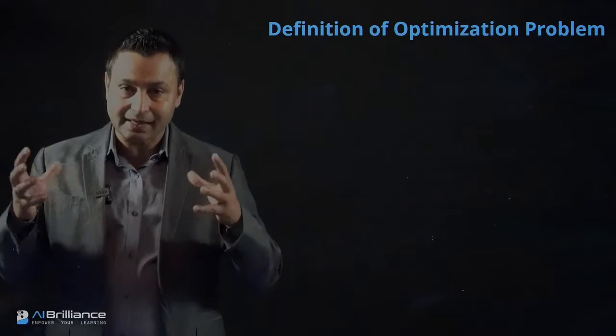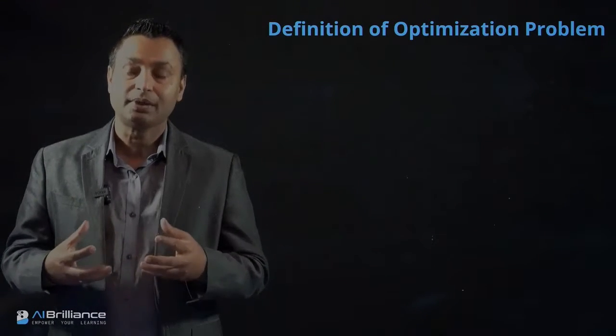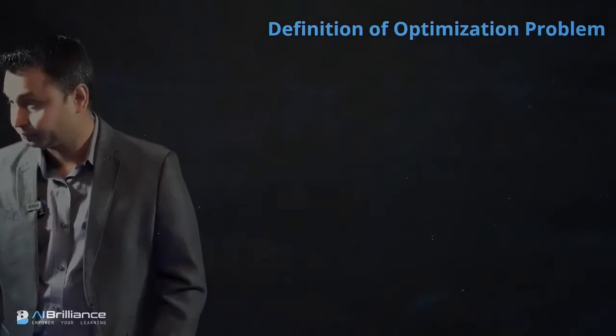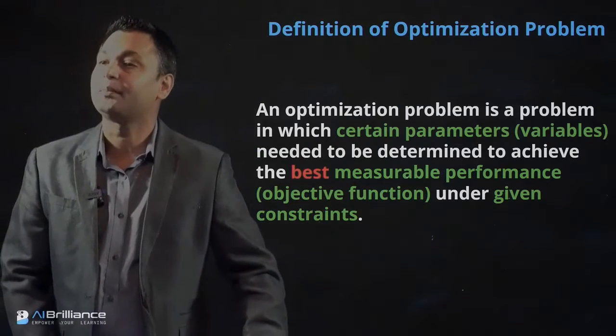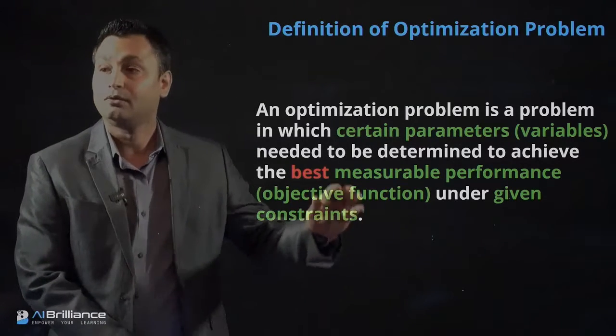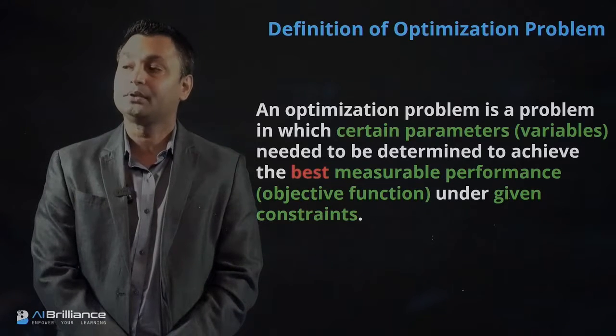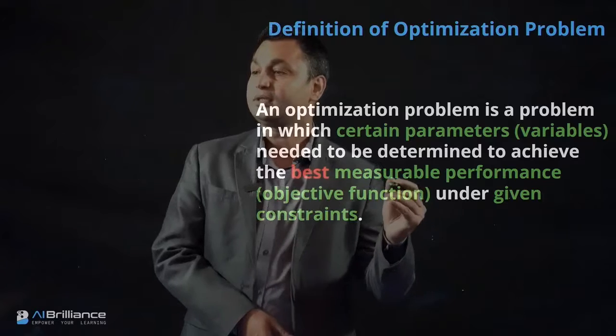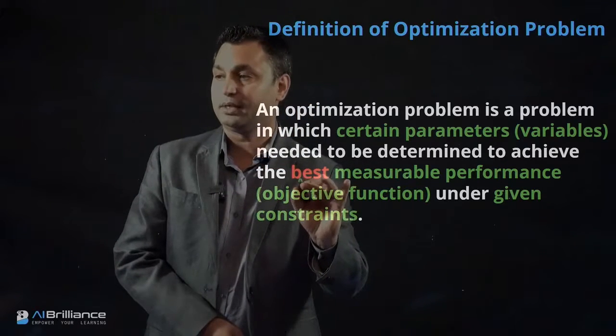So let's take that intuitive aspect and try to define the optimization problem. An optimization problem is essentially a problem in which certain variables or parameters need to be determined to achieve the best measurable performance, right? And this is the key.